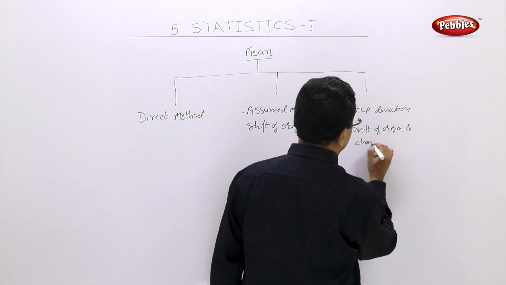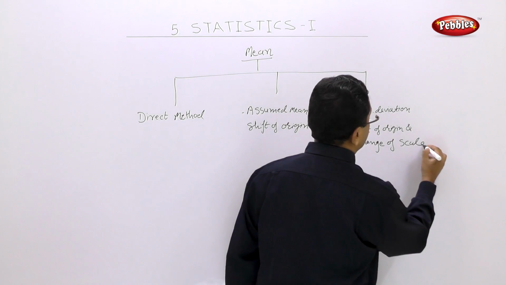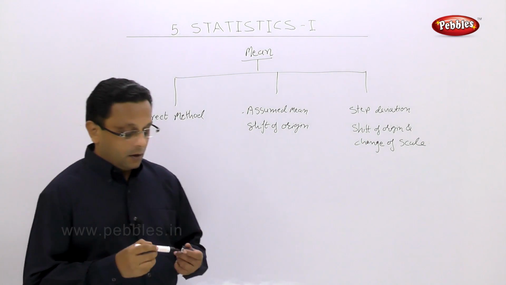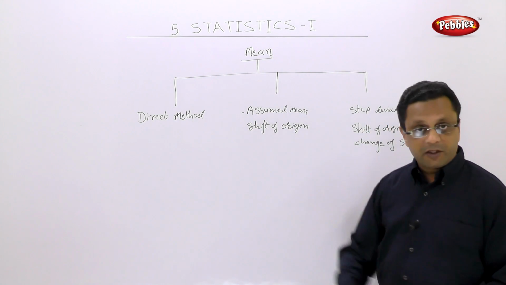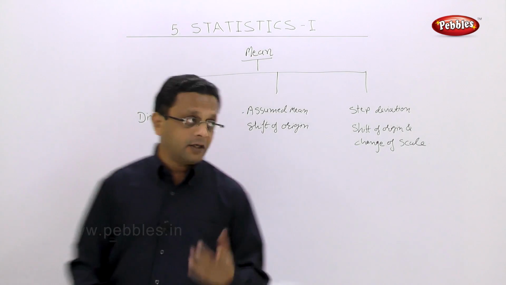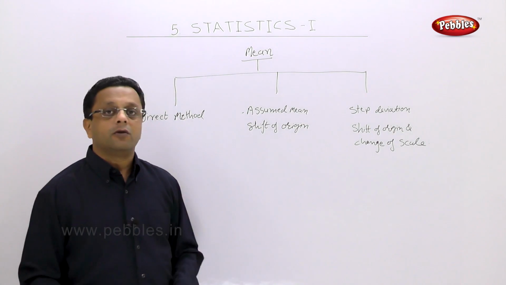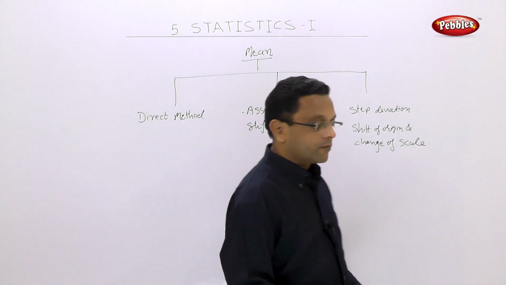So we are going to learn these 3 methods: direct method, assumed mean or shift of origin method, and step deviation or shift of origin and change of scale method.